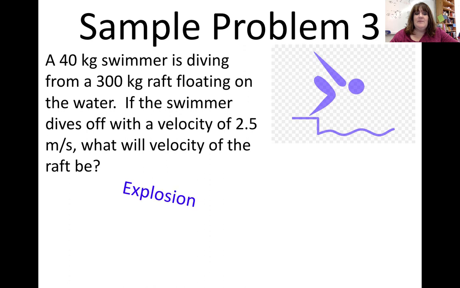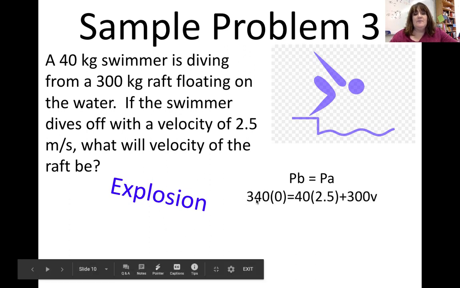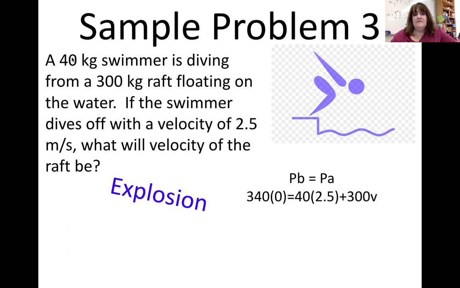Well, this, remember, is an explosion because they're together beforehand and then they're going to be separate. Momentum before is equal to momentum after. So even though I don't have a physical picture, I can do a math picture, right? They're together before, 340 times 0, because they're not moving that we know of.